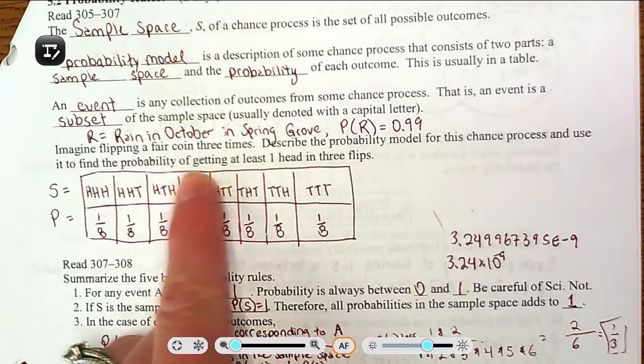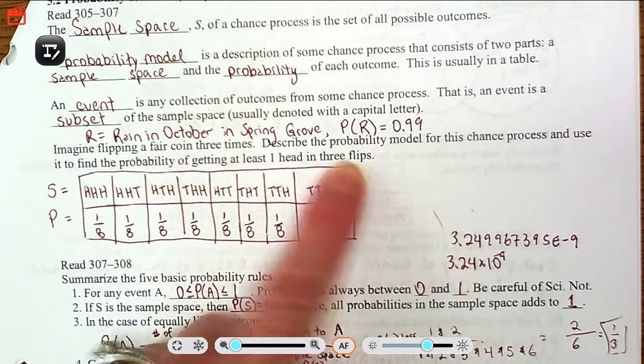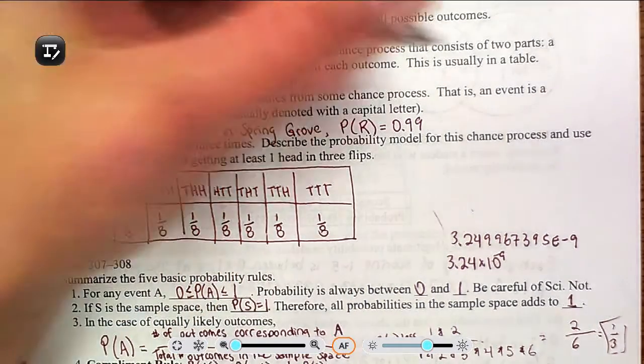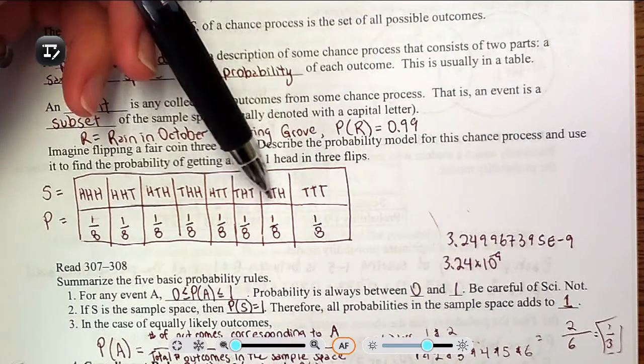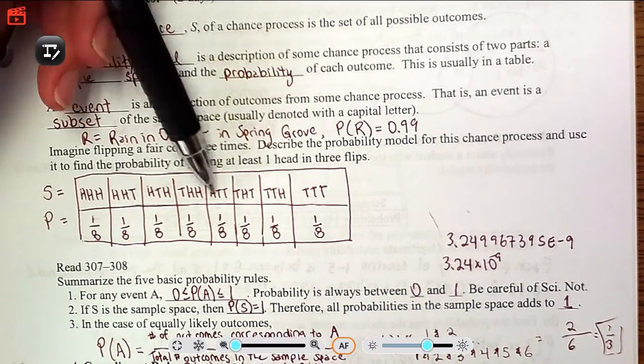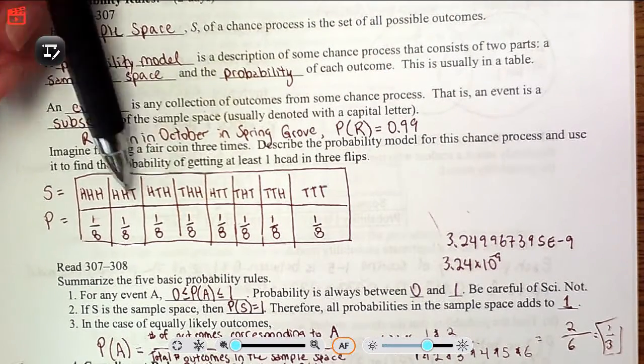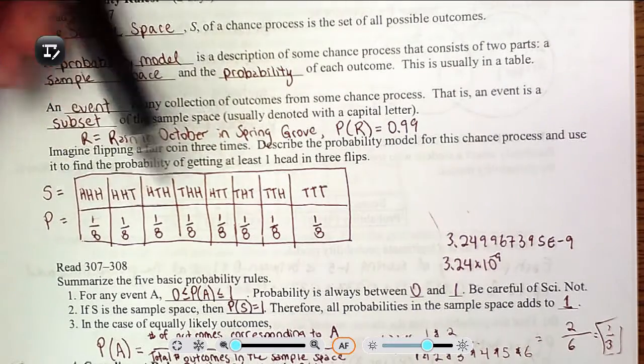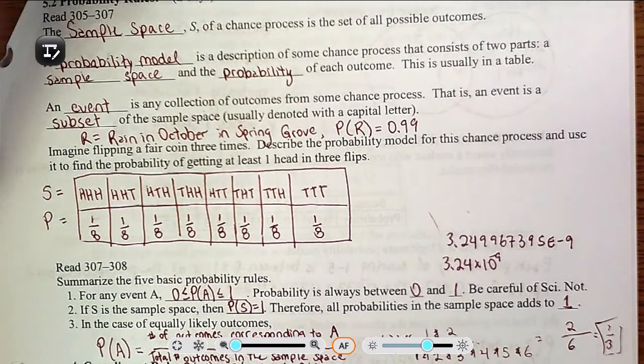And then find the probability of getting at least one head in 3 flips. So this would be the probability of getting at least one head, which is this event, this event, this event, 2 head events, and the 3 head event. So it'd be 7 of the 8 probabilities.